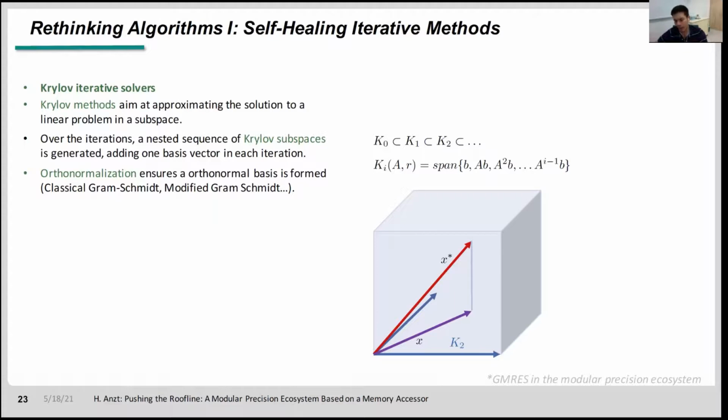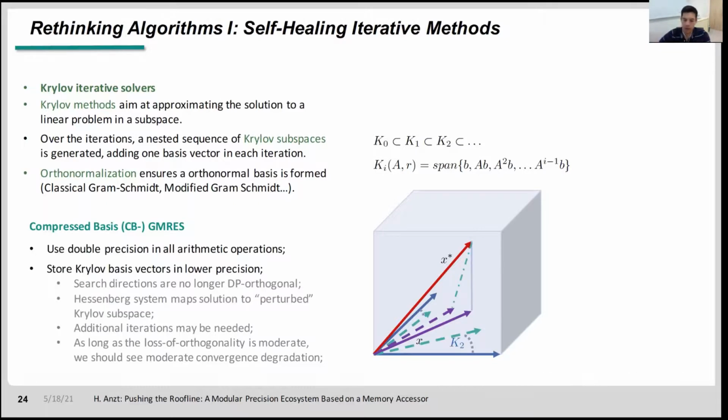The idea that we now have is to say, OK, this type of method is memory bound, because in the end, we have to read and write these Krylov basis vectors often. What if we compress these Krylov basis vectors, such that we use the memory accessor for storing and reading them, but still do all the computations in double precision?